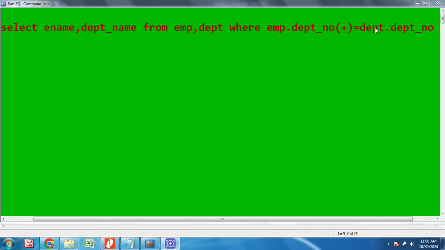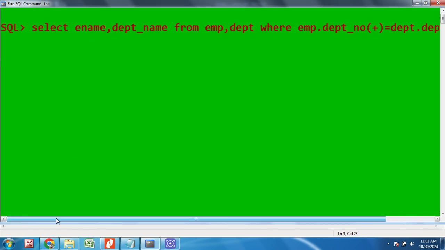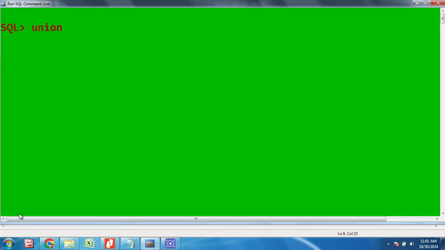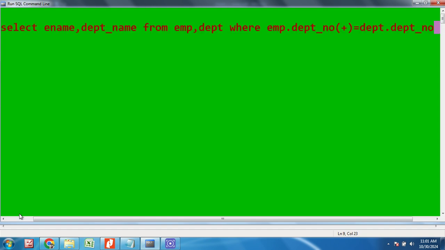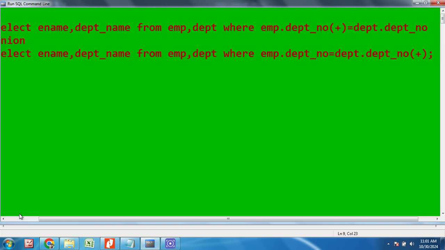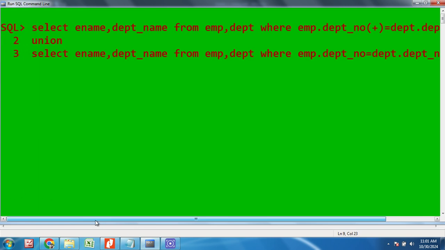So it will show me the output as right outer join. Right, union. First write that, and after that write union of left outer join.